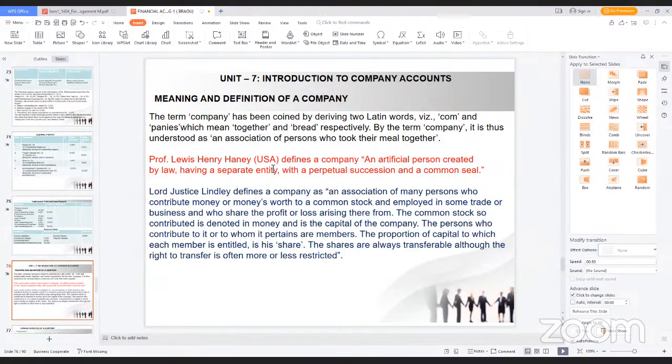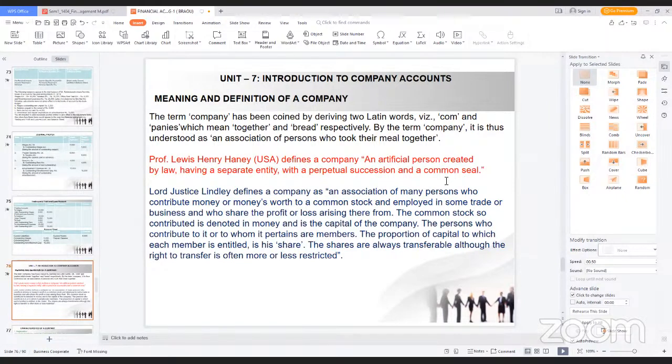It is artificial, where some of the people cannot be seen, but the company will run. It is an artificial person created by law, having a separate entity with perpetual succession and common seal.